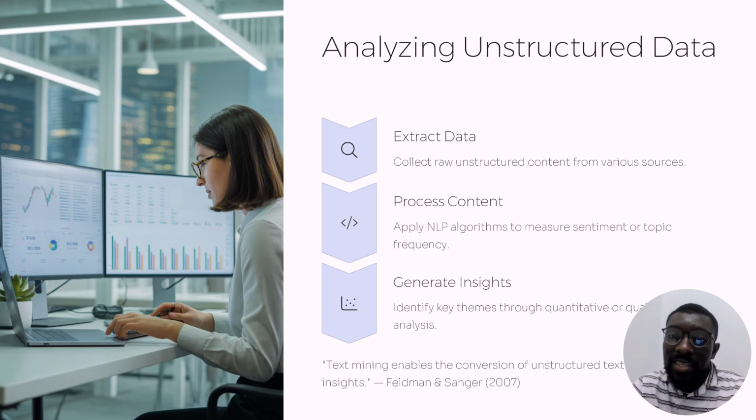Then we process the content using NLP, the natural language processing algorithm, to measure the sentiment of the topic. Then we generate insights by identifying the key themes through quantitative or qualitative analysis. For example, text mining enables the conversion of unstructured data to get insights.